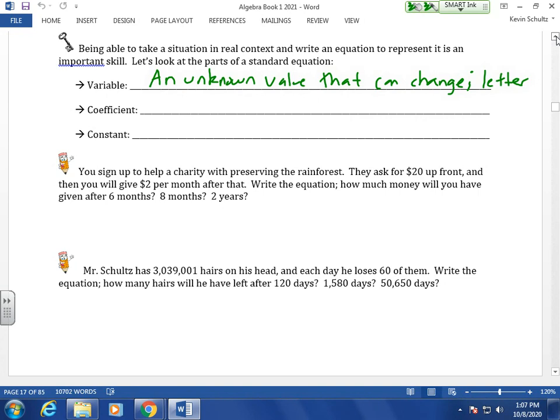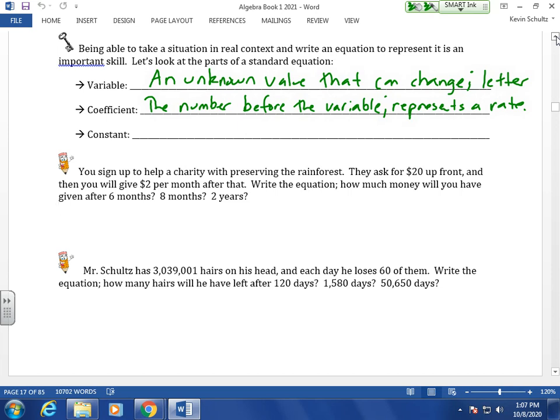The coefficient, what is the coefficient? Sebastian? The number before the variable. It represents a rate.